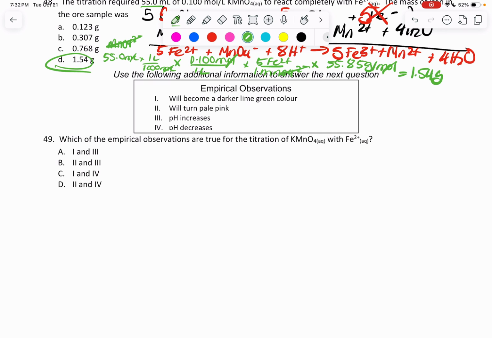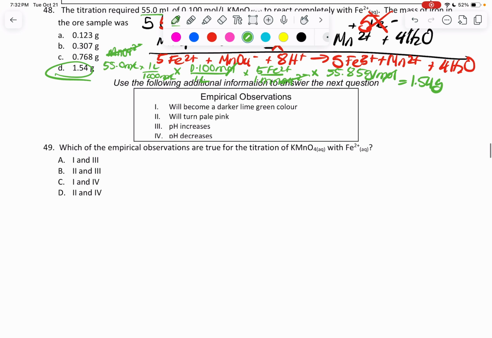So even though they're multiple choice, they can be quite long to do. So this next one, use the following empirical observations to answer additional questions. So which observations are true for the titration of this and this? So what you will see is it'll go from purple to pink. So number 2 is an answer. So if it doesn't have number 2, we can cross it out.